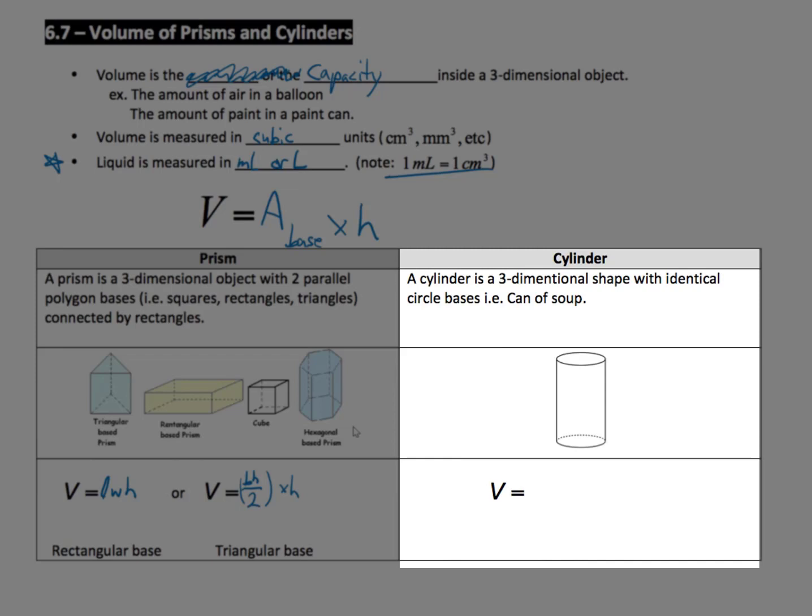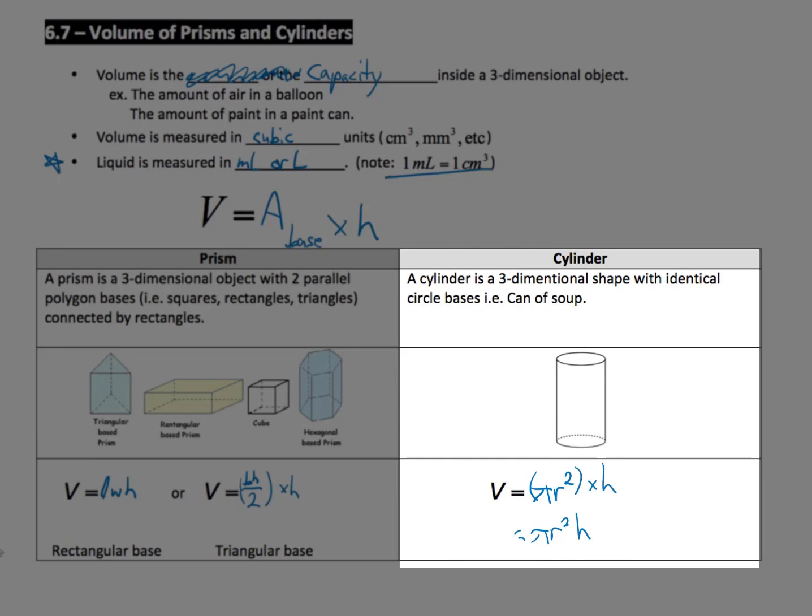To calculate the volume of a cylinder, the area of a circle is just pi r squared, right? Well, it's just that times height. Or you could write it as pi r squared h. You can write either or. I like to use pi r squared in brackets just because that's the area of the base, then times the height. And that's how you calculate volume.